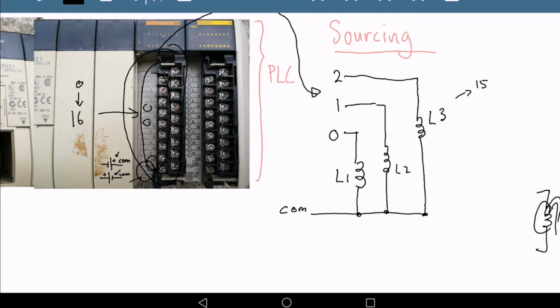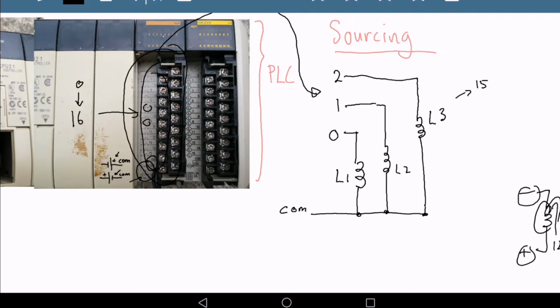For example, if this relay uses 12 volts, you energize it by connecting the coil directly to the power supply, just like that. So that is relays.